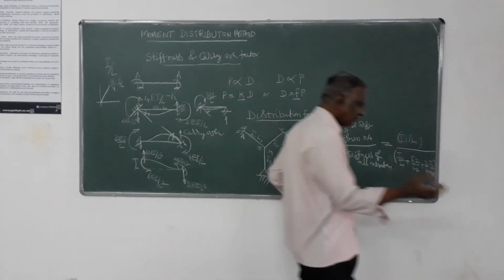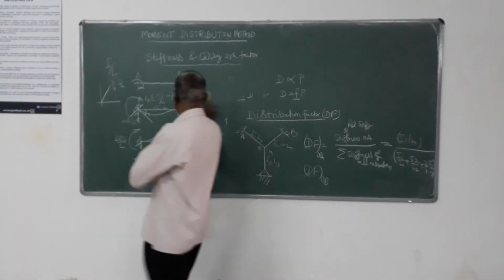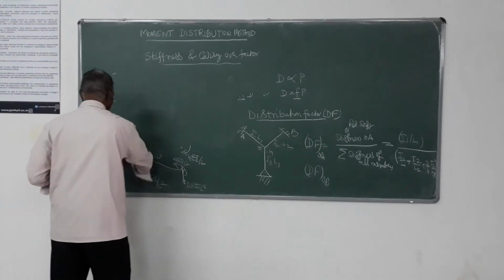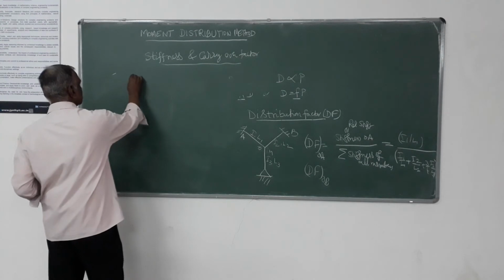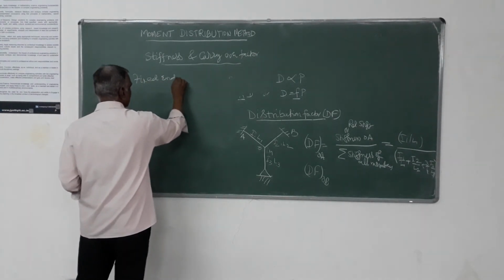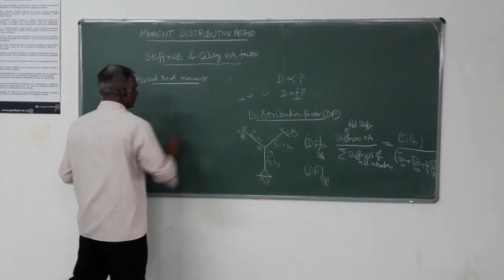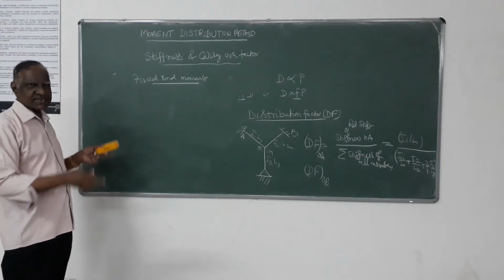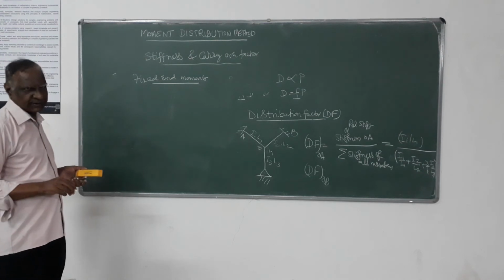So next, the fixed end moment is another thing which you have to remember. Of course, you already know that in the slope deflection method, we have used the fixed end moments. Why we have to find the fixed end moment is that during the analysis, all loads are assumed to act only at the joints.